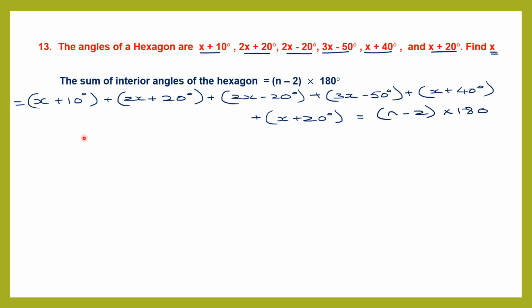Now here, since before the brackets we have a plus sign, we can remove the brackets without changing anything inside. So we can just write the whole thing as it is.